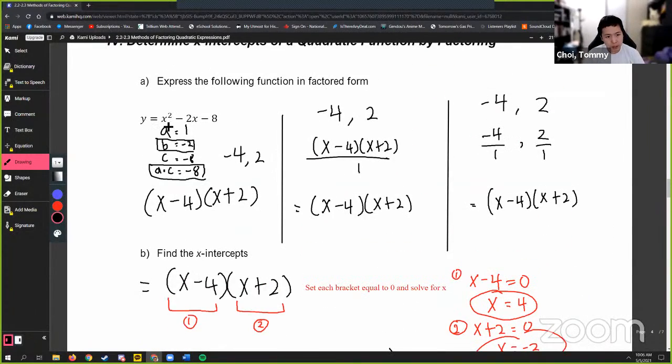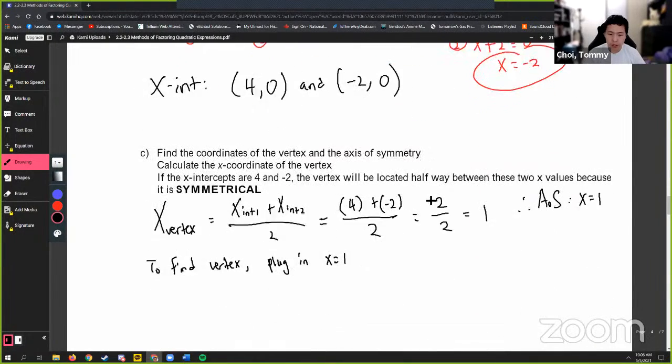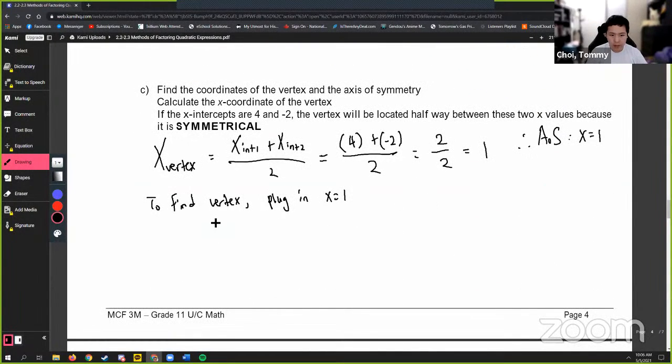So I'm going to copy down the equation here. We have y is equal to x squared minus 2x minus 8. When we plug it in, it's going to give us 1 squared minus 2 times 1 minus 8. Multiplying this out, 1 squared is 1. Negative 2 times 1 is negative 2.